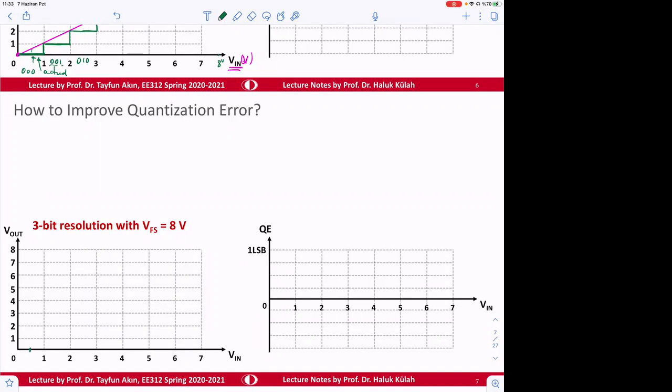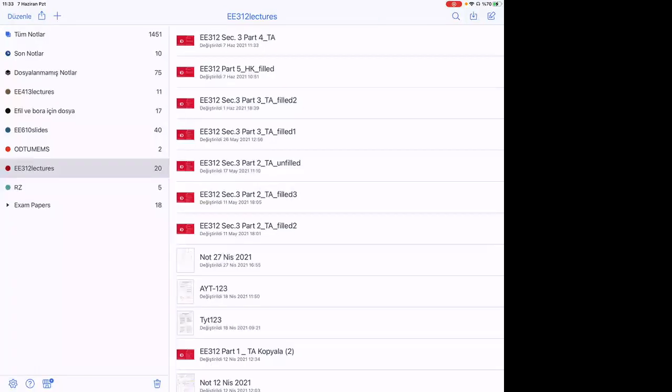So we can say that this is going to be 0 volt at the output, but this is 0, 0, 0. But when it comes to 0.5 volt here, we say this should be switching to maybe 111.